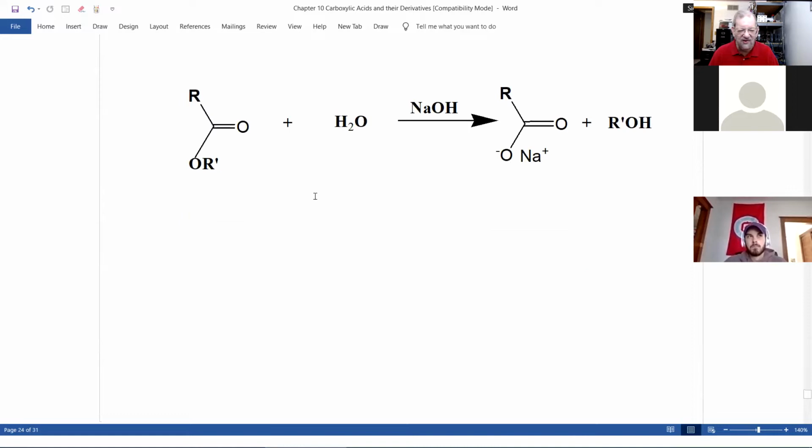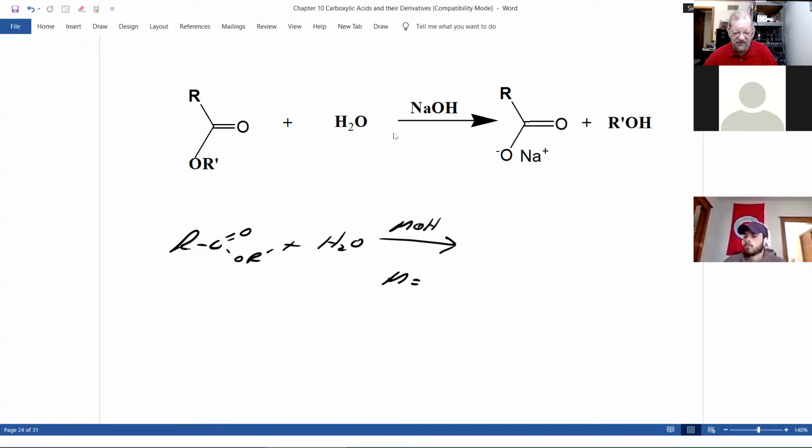And then I also taught you that if you take an ester, react it with water and a base, and the actual reaction I showed you was more general than this one, where M is equal to lithium, potassium, or sodium.